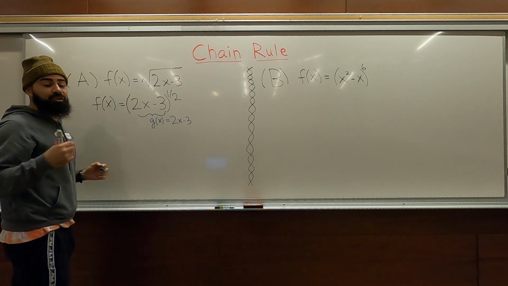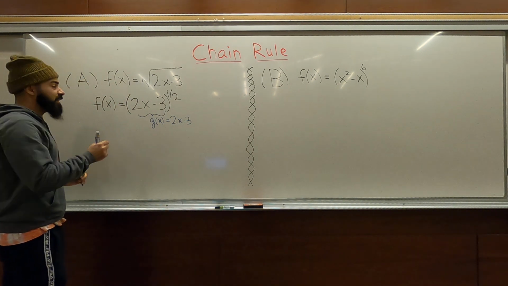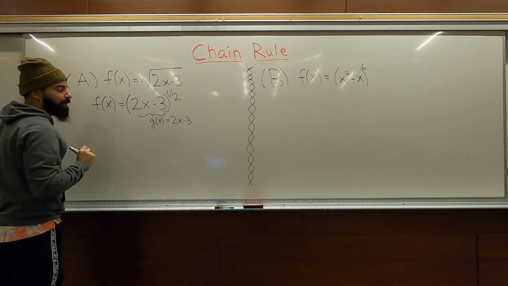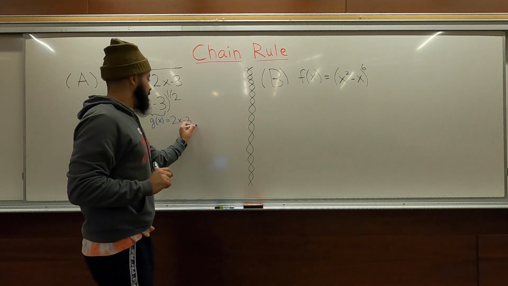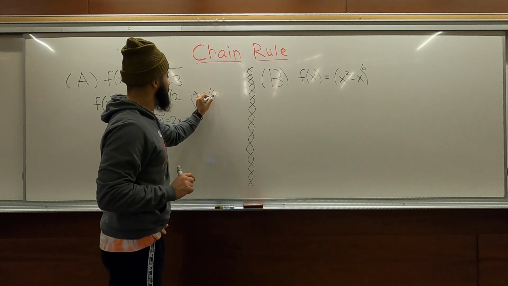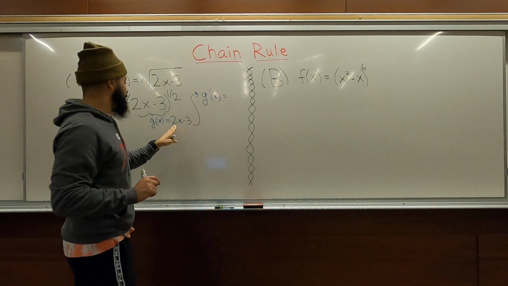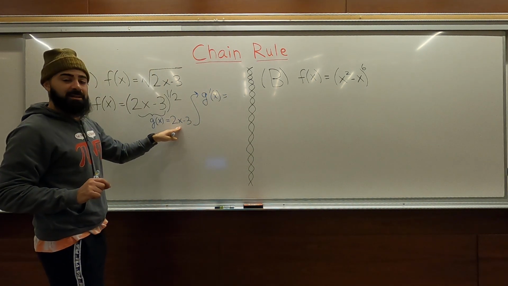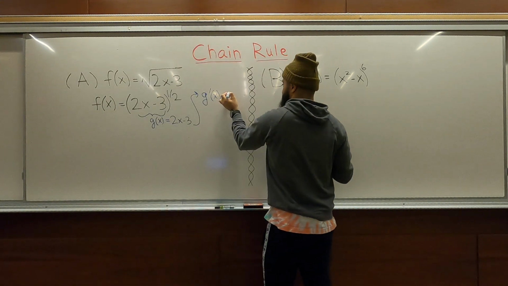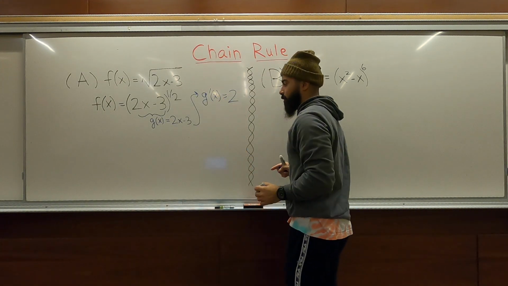And then we'd like to know what the derivative of g is, because when we take the derivative of f, the last thing you do at the end is multiply by the derivative of g. Okay, so the derivative of g just so happens to be 2, because the derivative of 2x is 2, derivative of negative 3 is 0. So g prime is just 2.